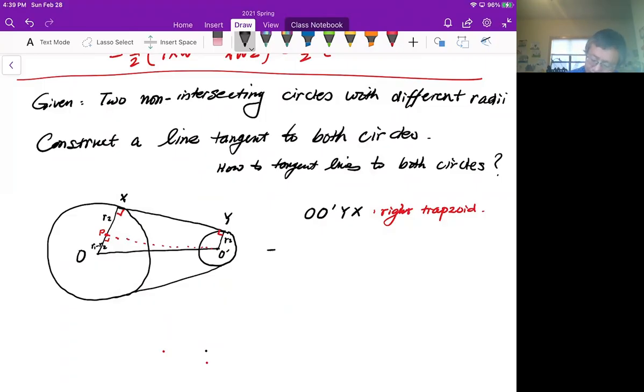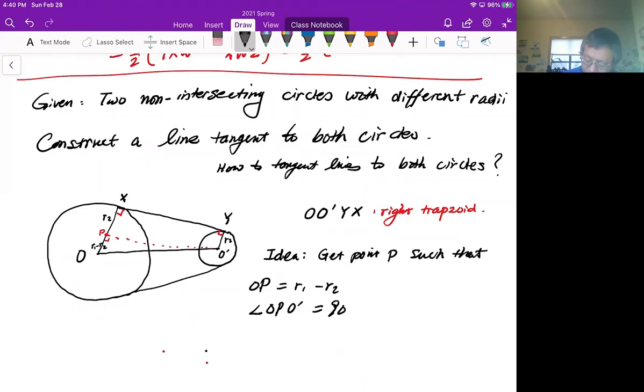So maybe I should say I want to get the point P, such that OP is R1 minus R2, and the angle OPO prime is 90 degrees. So those are the two conditions I want.